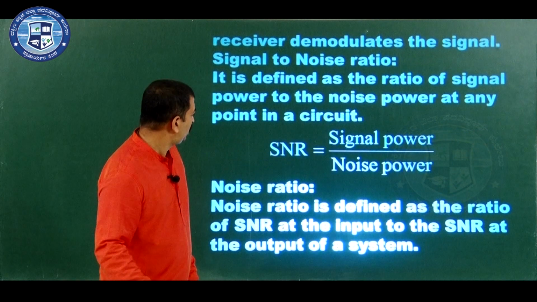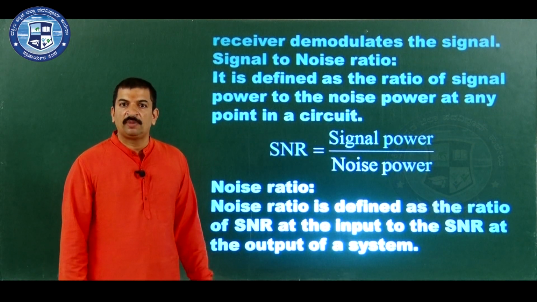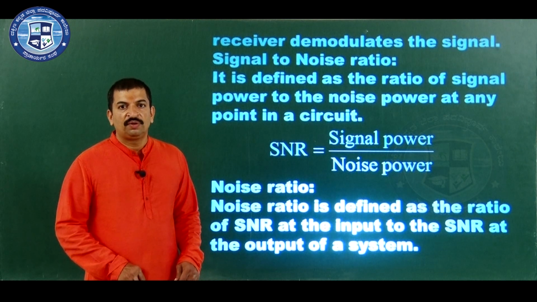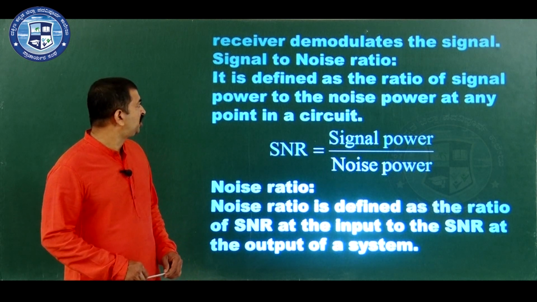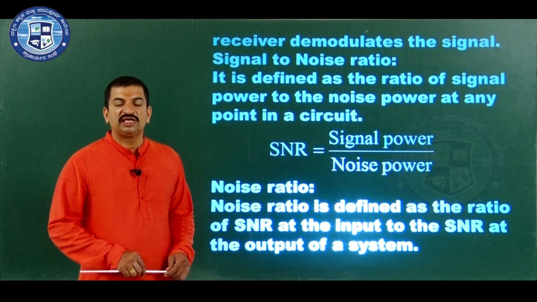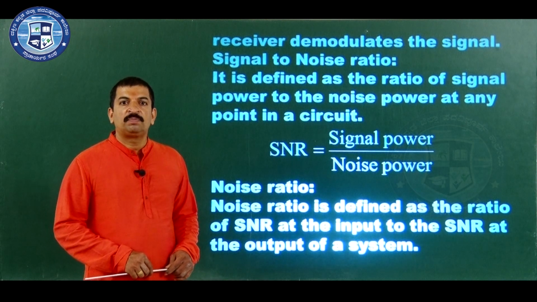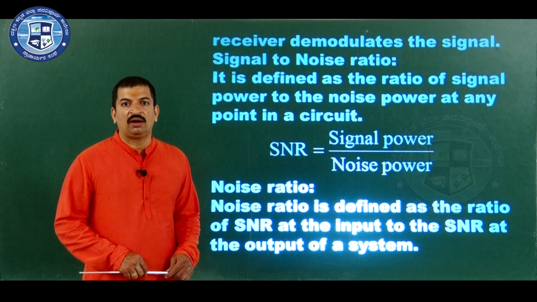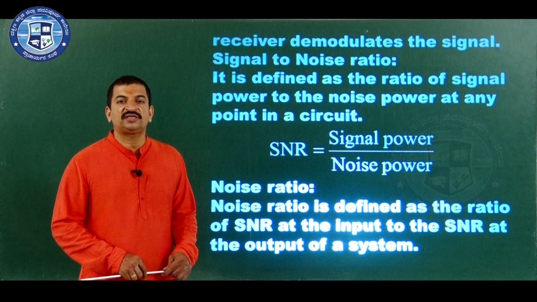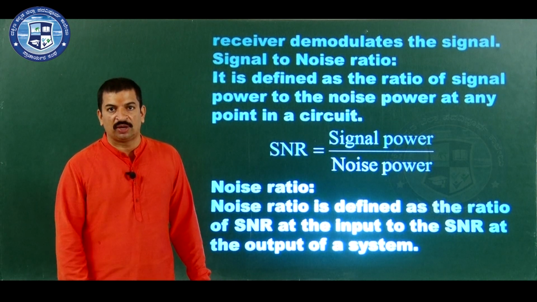Now, let us define some important parameters of the communication system. One is the signal to noise ratio. The signal to noise ratio is one of the parameters which is used to check the power level of the signal, and it is also used to compare the power level of the signal with the noise power.